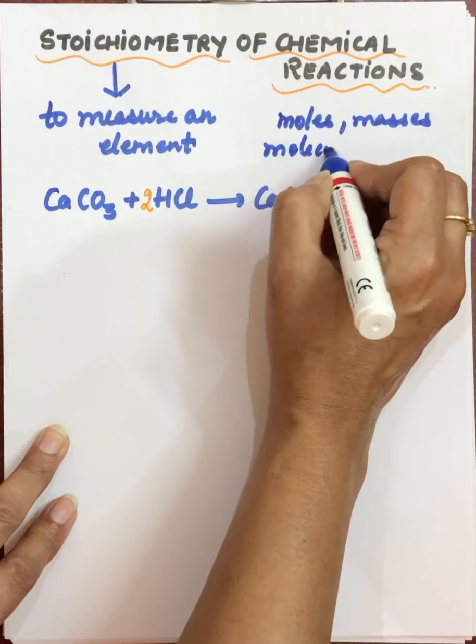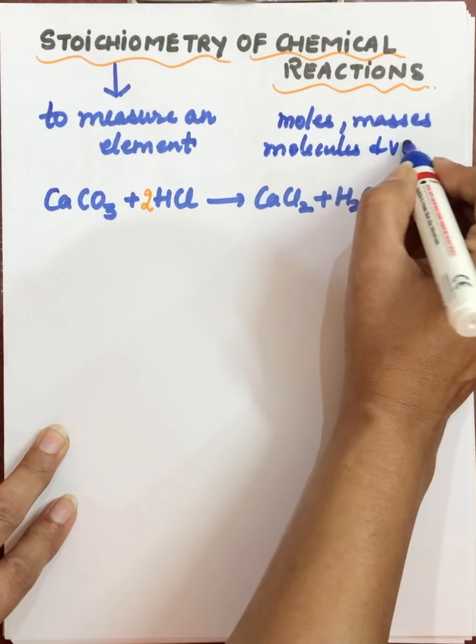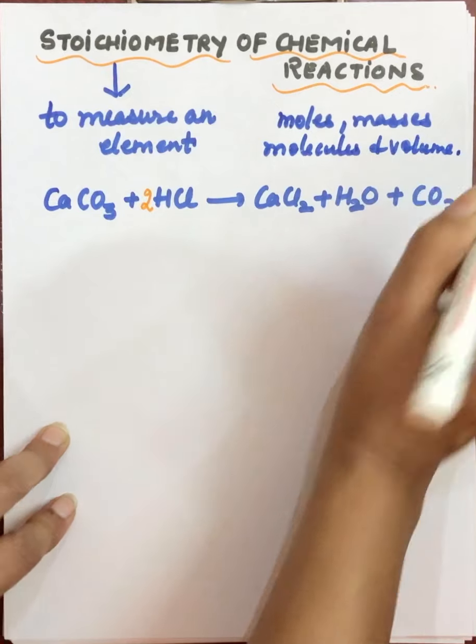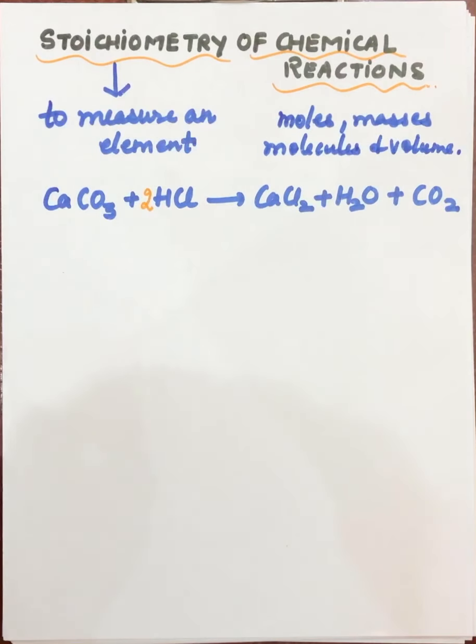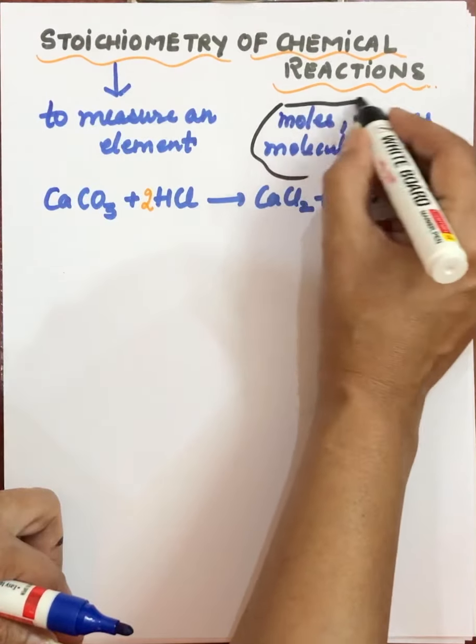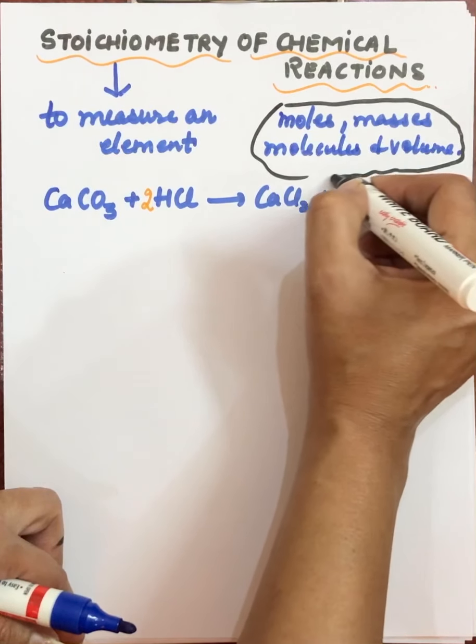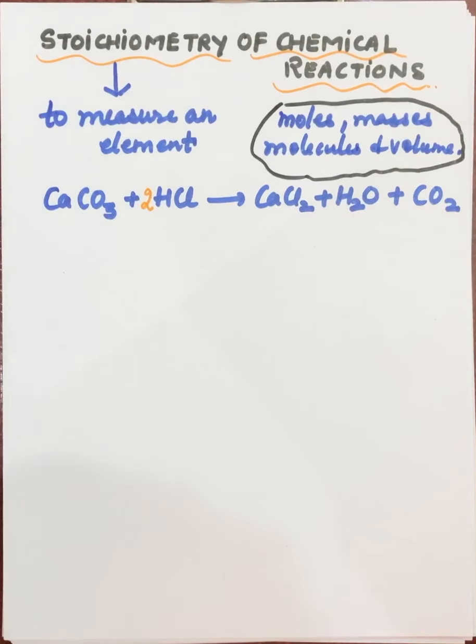And this is called stoichiometry: the quantitative relationship that we get between the reactants and the products in a balanced chemical equation is known as stoichiometry.